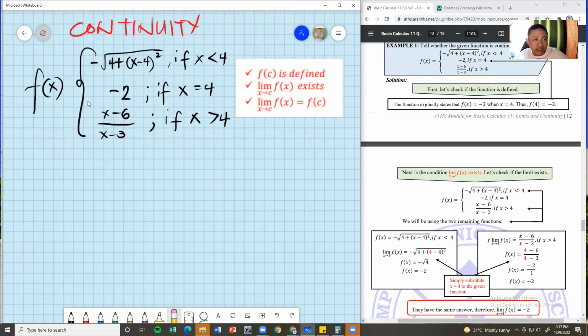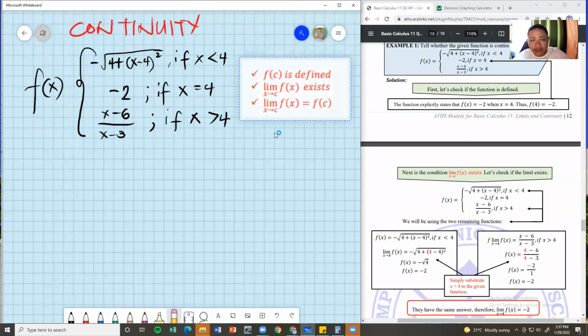And then the third function is f of x is equal to x minus 6 over x minus 3 if x is greater than 4. Okay, so we have these conditions that we need to meet. So if we will be able to meet these conditions, then we can say that this piecewise function is continuous. In short, there's continuity in its graph.